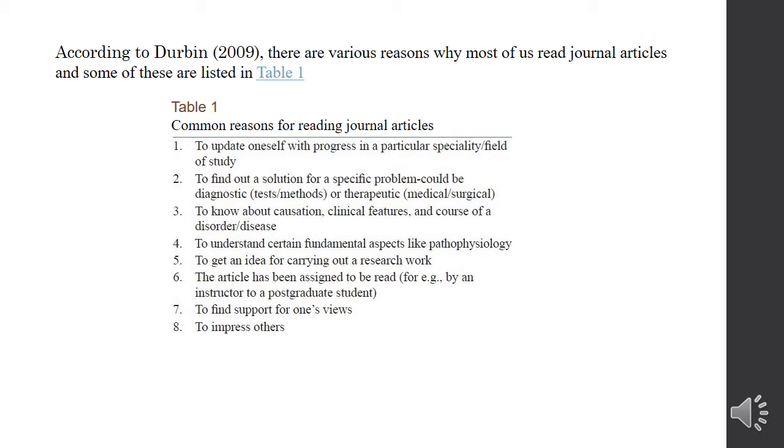Third, to know about causation, clinical features, and course of disorder. Fourth, to understand certain fundamental aspects like pathophysiology. Next, to get an idea for carrying out a research work. Then, the article has been assigned to be read, for example, by an instructor to a postgraduate student, and then to find support for one's view, and the last, to impress others.